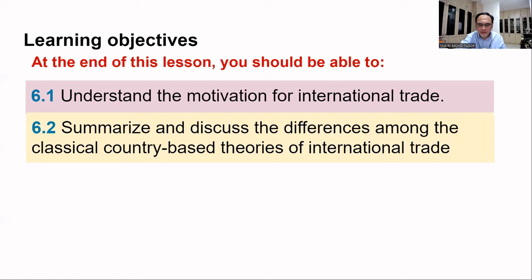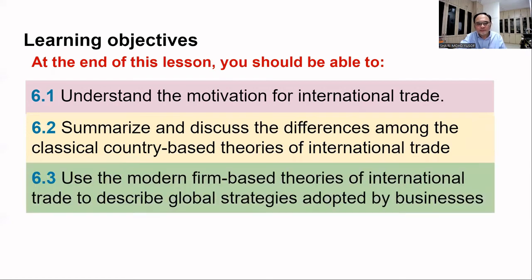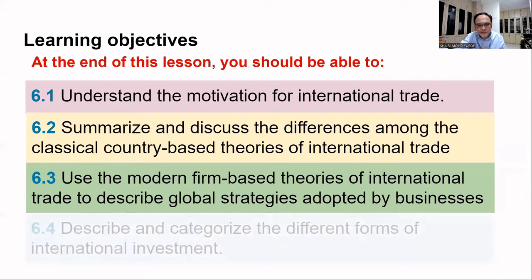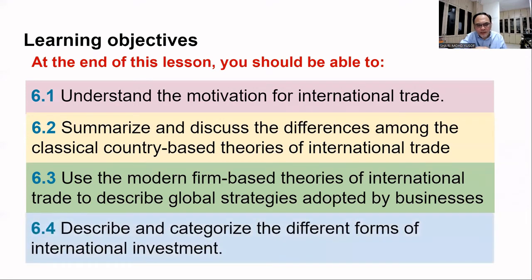Probably you have seen them before, but in a different context, probably from economic classes. And also the firm-based or company-based theories. So from country-based to company-based theories of international trade, to describe global strategies and to describe and categorize different forms of international investment.